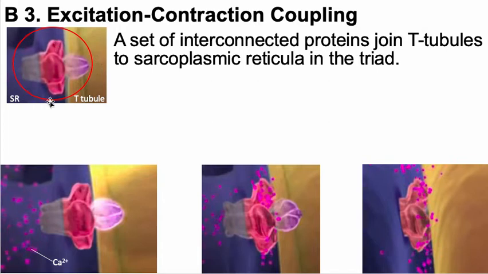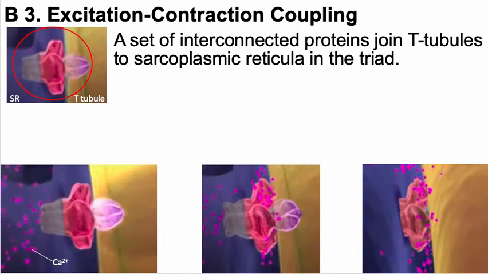You can see in this upper panel we've got the sarcoplasmic reticulum, the blue-purple, and the T-tubule. This would be the membrane of the T-tubule, and this would be the intersection. These two are bolted together by this protein complex, which is voltage sensitive.